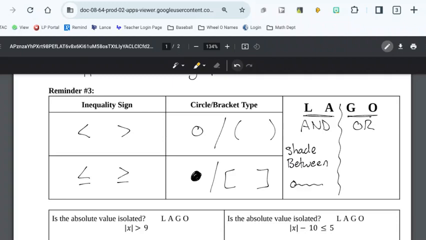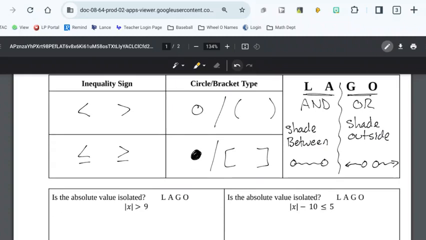So something like this. And if it's an OR problem, we are going to shade outside. So it would be something like that. Okay, so those are all of our reminders.